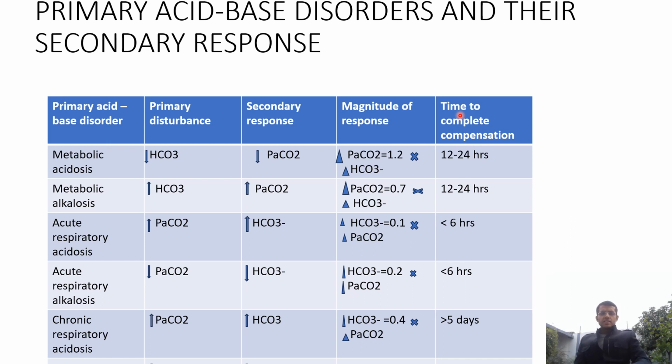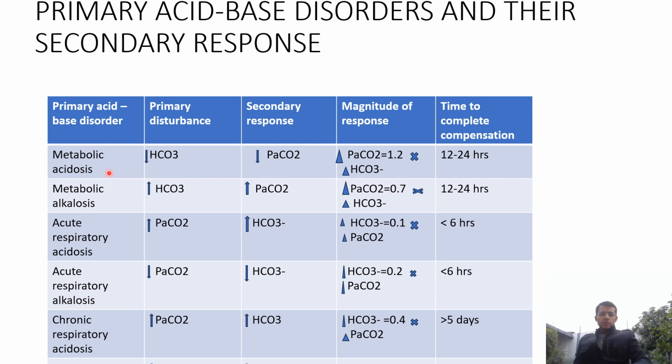So primary acid base disorders and the secondary response. What are the basic things? Metabolic acidosis, metabolic alkalosis, acute respiratory acidosis, acute respiratory alkalosis, chronic respiratory acidosis, and chronic respiratory alkalosis.